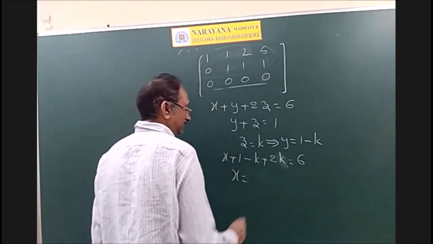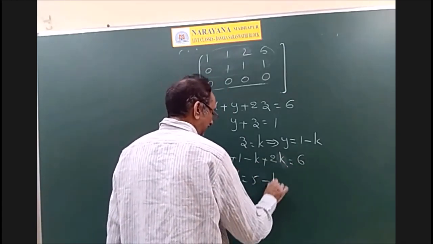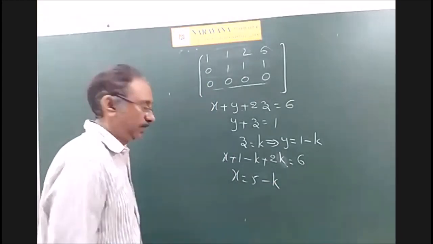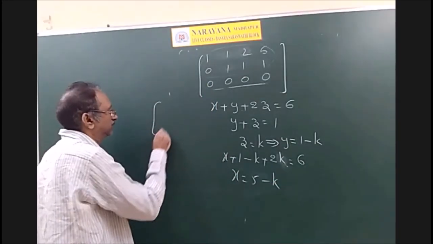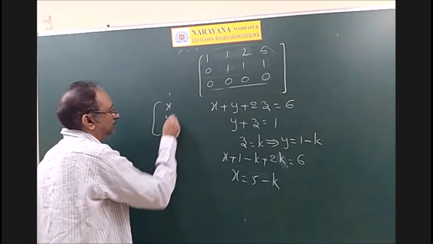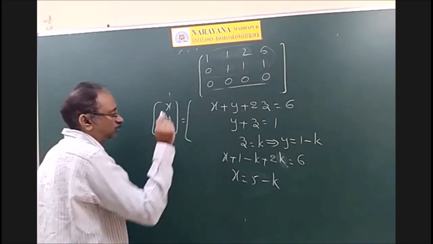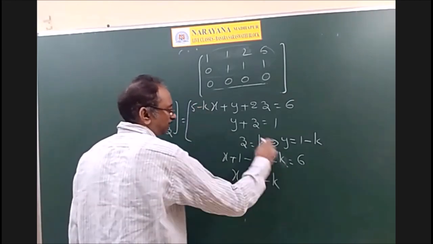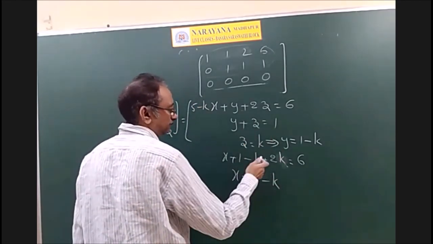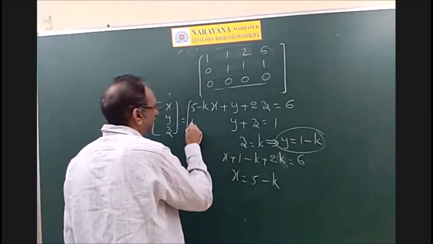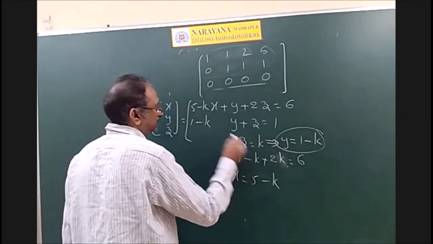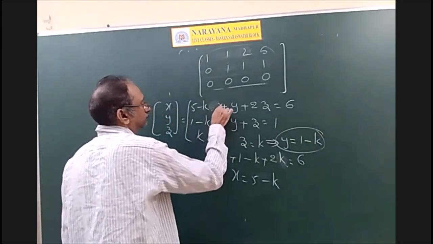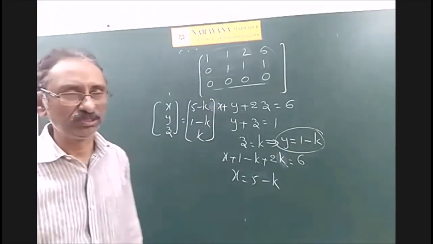Therefore x is equal to 5 minus k. The solution for the system is x, y, z equal to, in place of x, 5 minus k; in place of y, 1 minus k; in place of z, k.